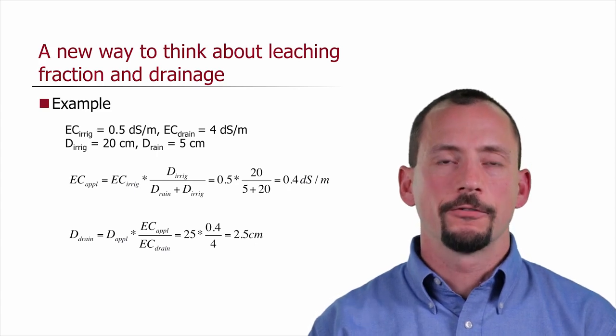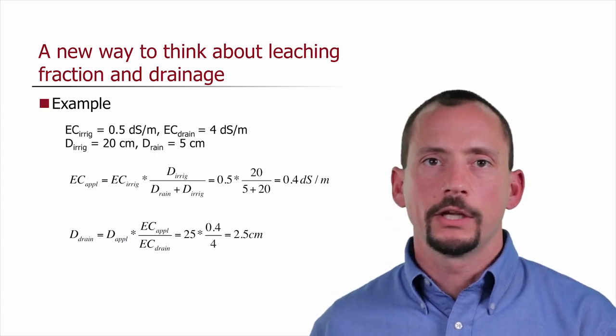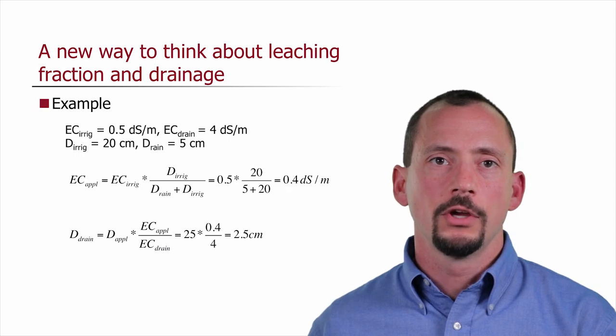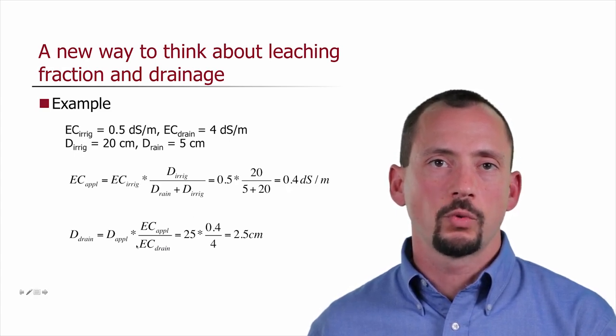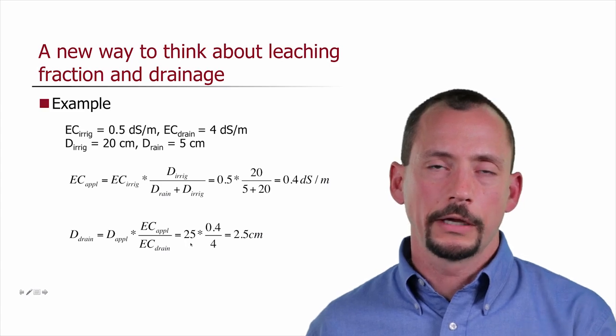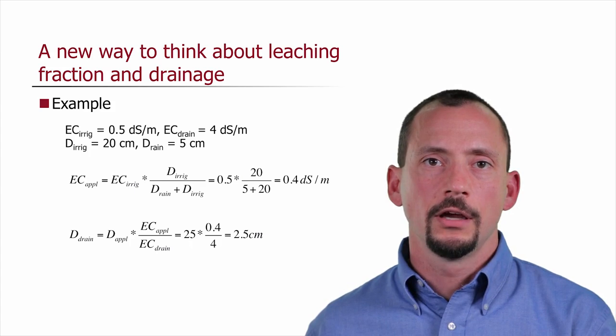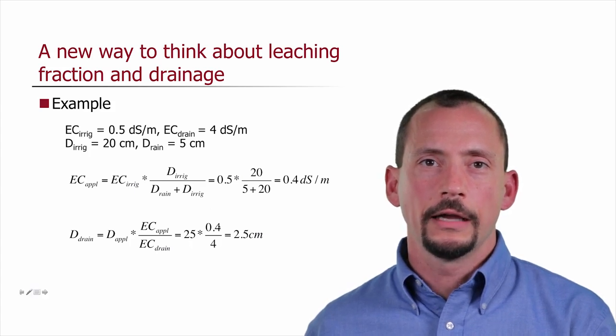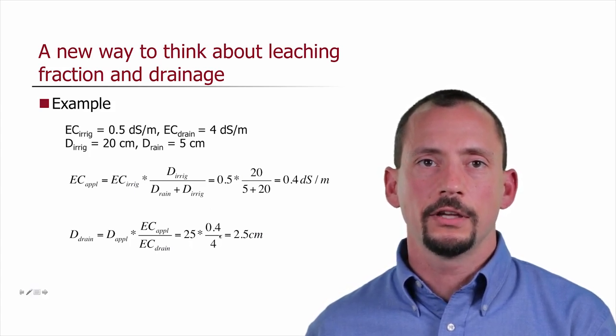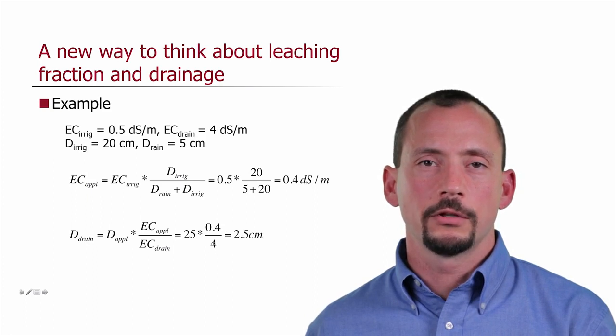Once we have that information, then we can use that in the second equation, where the total depth of applied water in this case was 25 centimeters, 20 from irrigation and 5 from rain. Here's the electrical conductivity of our applied water, and here's the electrical conductivity of the water that's drained through the soil profile.